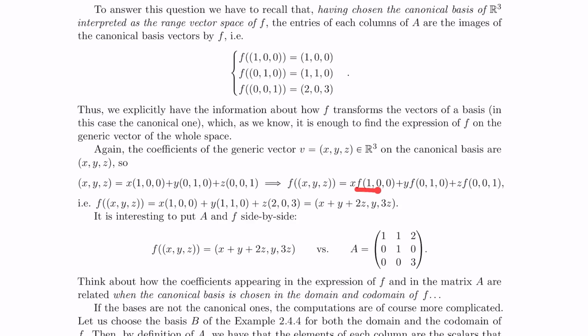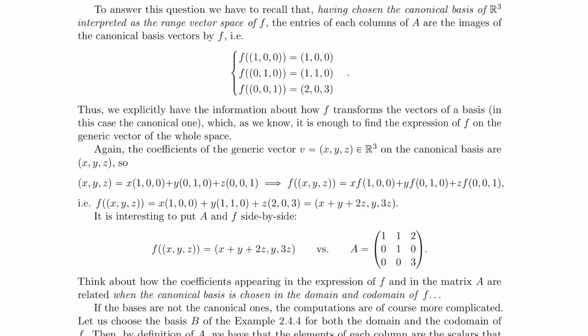If we replace these vectors here by what we have just found, we arrive to this: f of (x, y, z) equals x times this vector plus y times this vector plus z times this vector. We perform the computation and we find the final generic expression of the linear map f, this one here.